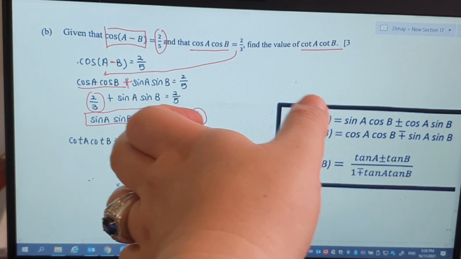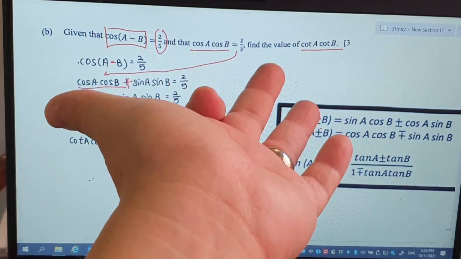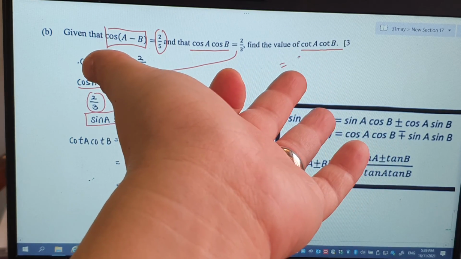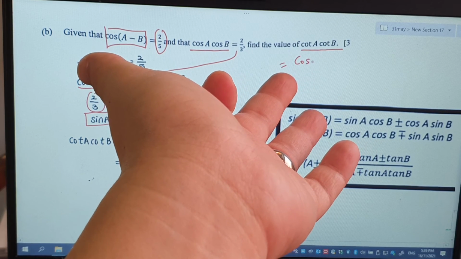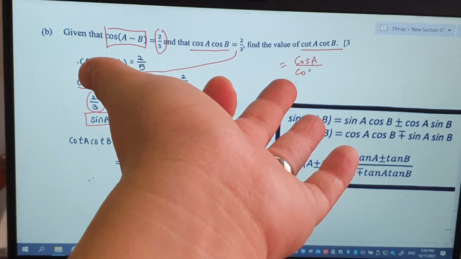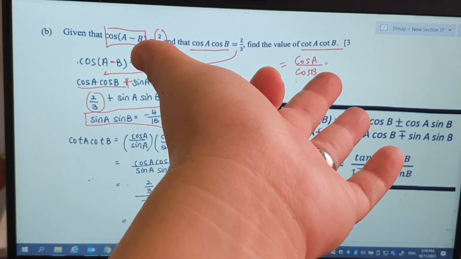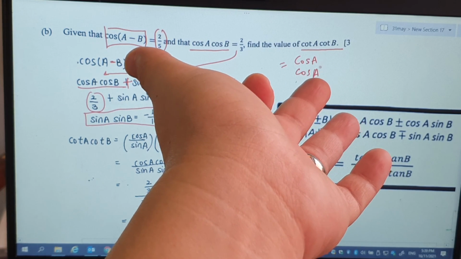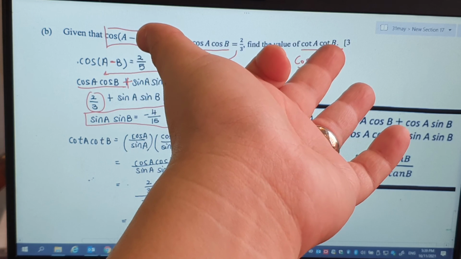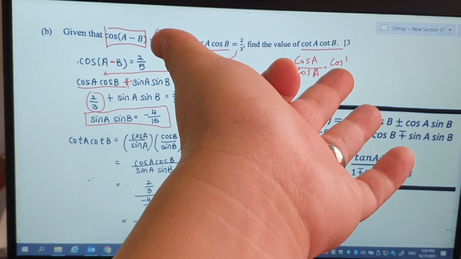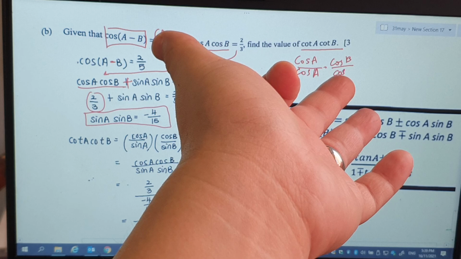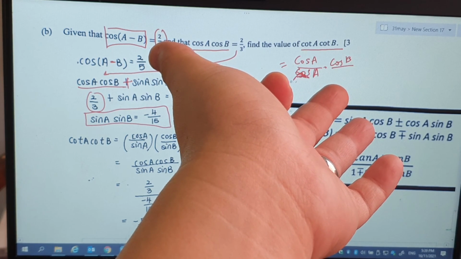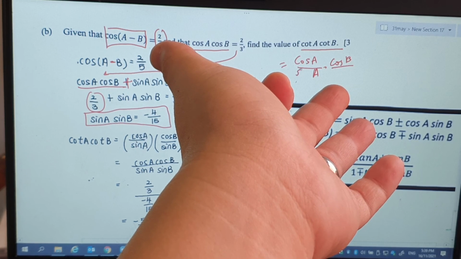Then you ask me, but they ask me to find this. Don't worry. You know cotangent A, cotangent B, cotangent means cos over sine.